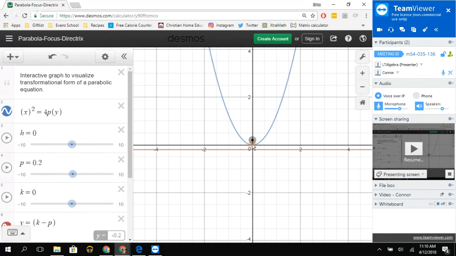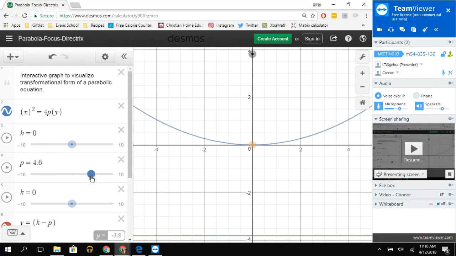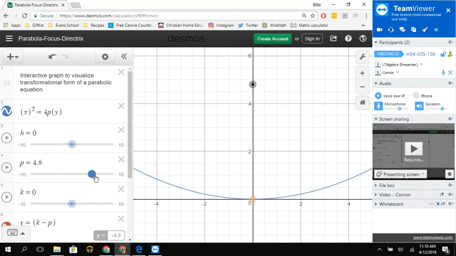And then the directrix also moves in because it's always equidistant from the vertex. If I pull my focus point way out, then my parabola becomes more and more wide.